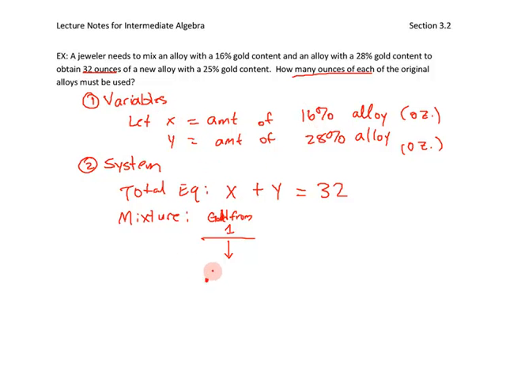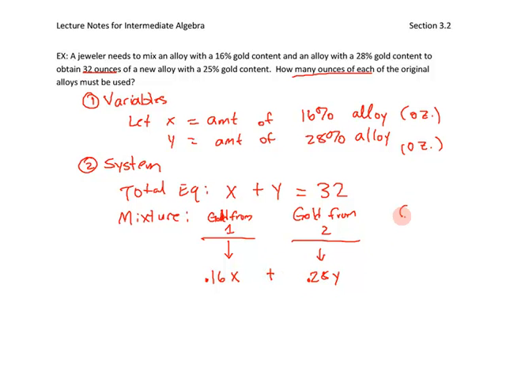So that would be 0.16x. That's how much gold comes from the 16% alloy. Now, how much gold comes from the second one? That's going to be 0.28y. 28% of the amount that I choose of that alloy is the amount of gold.